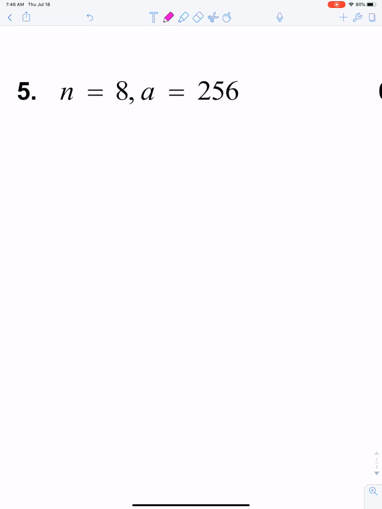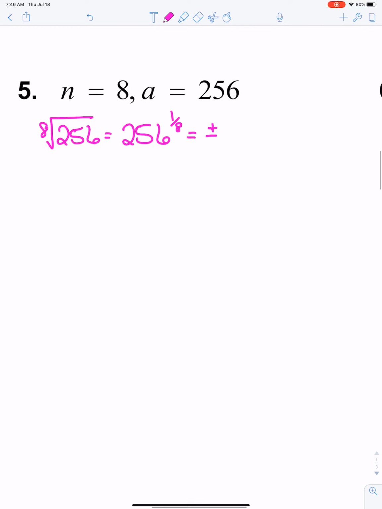So, the 8th root of 256 can also be written as 256 to the 1/8 power, all right? And the 8th root of 256 is plus or minus 2, because it's an even exponent. Now, if you're trying to plug these into your calculator, it's probably easiest for you to plug them in this way.